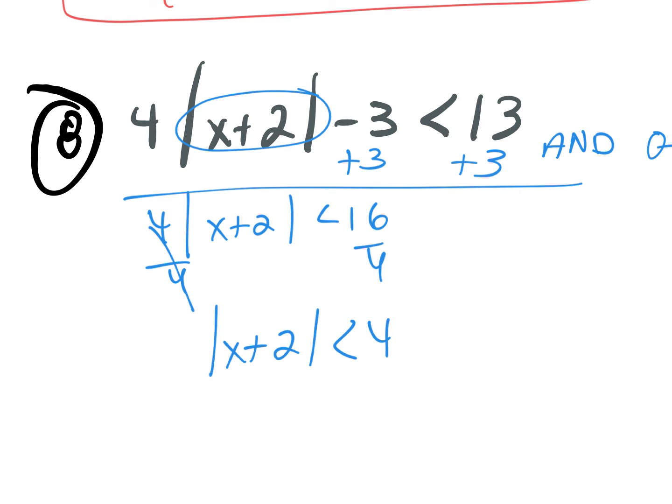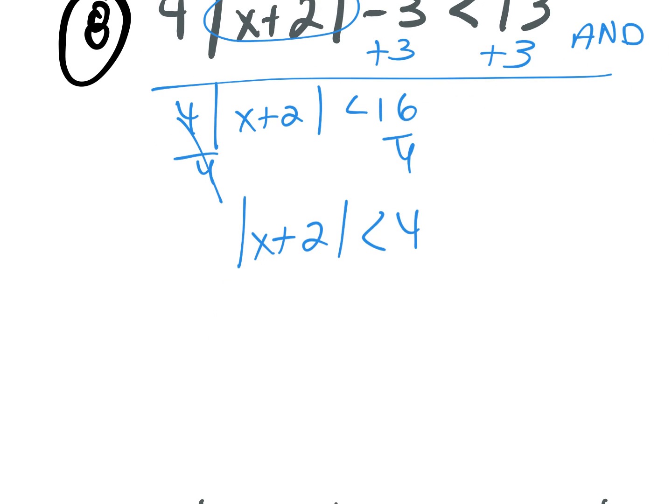At this point, if you guys want to check it, all it says is the absolute value is less than 4. Could that be a possibility? Yeah. So that's fine. You can solve this one. So I have x plus 2 less than 4, and x plus 2 greater than -4.